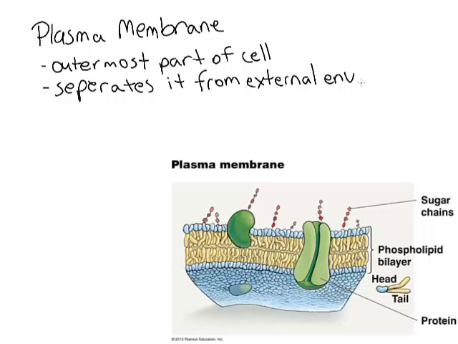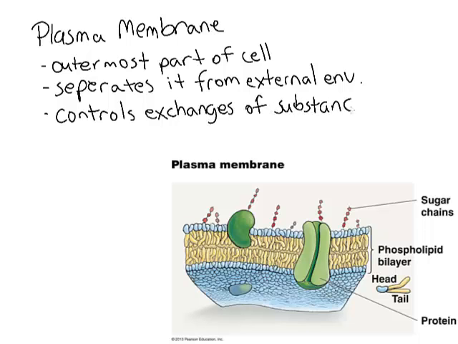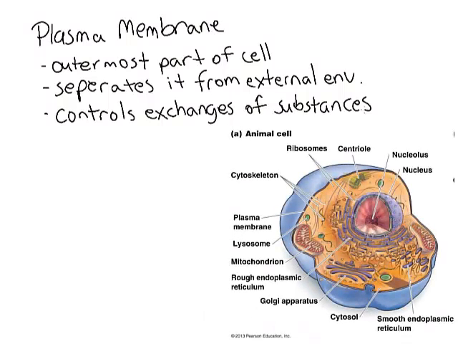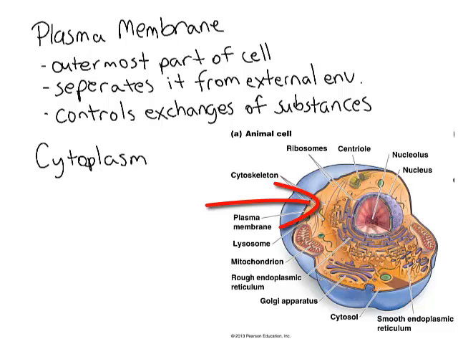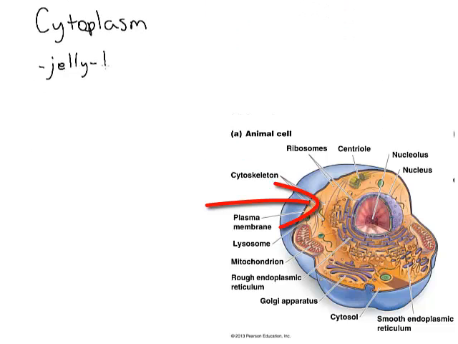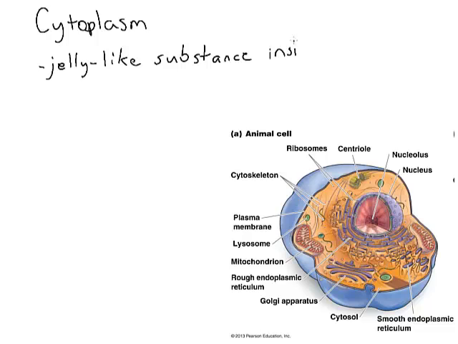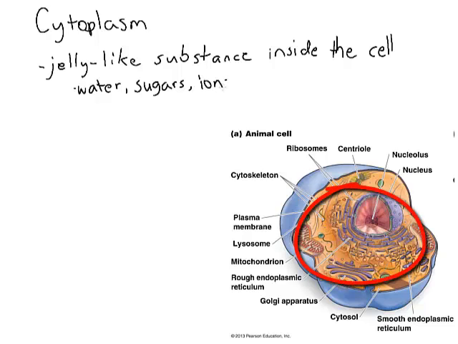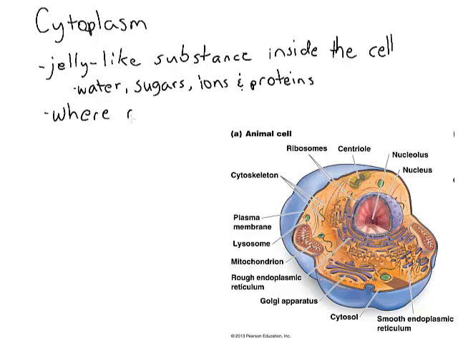This membrane controls all of the exchange between the inside of the cell and the outside of the cell. Inside of the plasma membrane is a jelly-like substance called cytoplasm that consists of water, sugars, ions, and proteins. This is also where all of the internal structures of the cell are located. These structures, or organelles, are responsible for carrying out the functions of the cell.